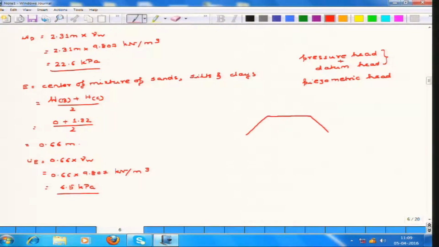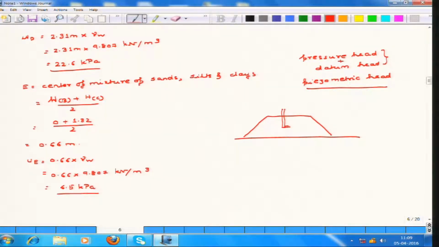This piezometric head gives the idea of the sum of the pressure head and the datum head at a particular point in the embankment, so that you can find out the location of the water table. It is very important because in most cases in embankments you have to find out the seepage loss or the flow nets and all those things. In all those cases, in order to find out the pore water pressures, you take help of this piezometric head. You just insert a piezometer at any point in the embankment and you find out the head loss at that point.